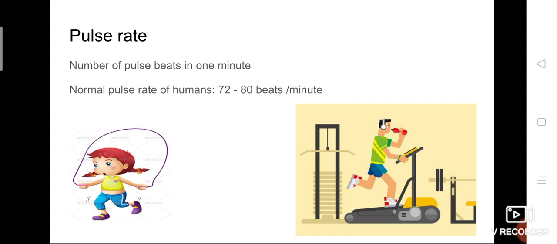That is the normal pulse rate of humans. It is not exactly the same for everybody, but it lies between this range. Some people may get 72, some 78, or even 80, 82. Definitely it should be within this range.